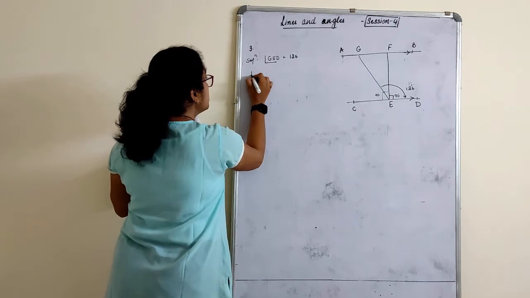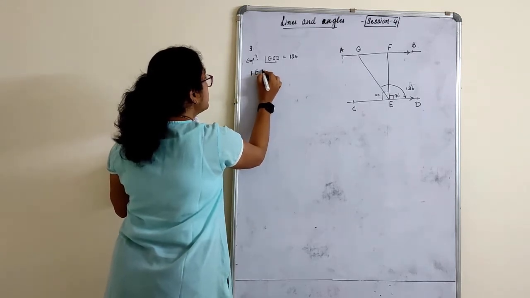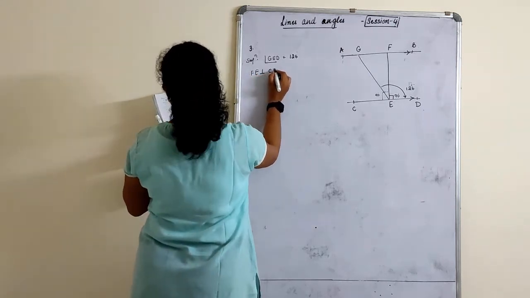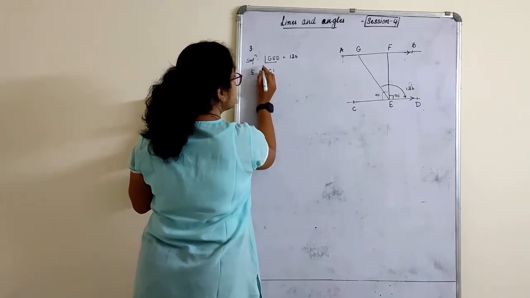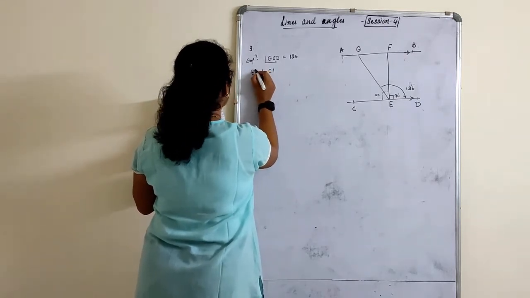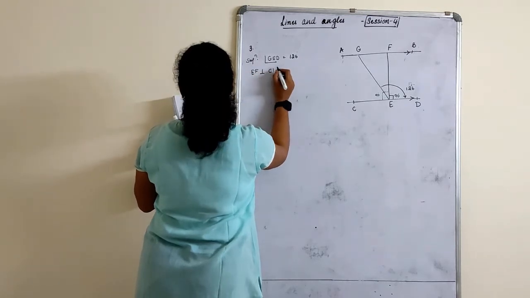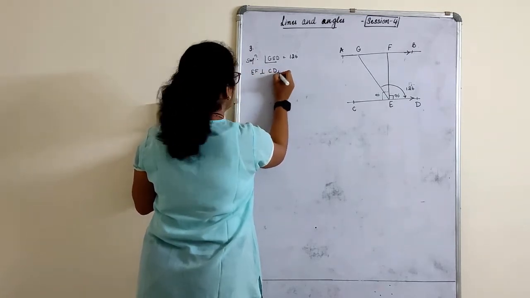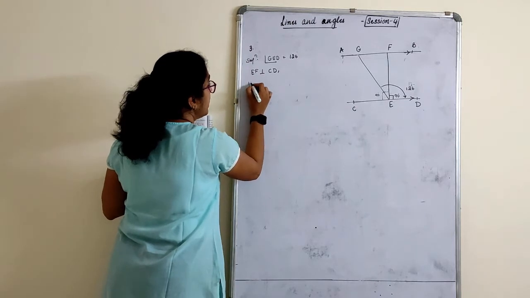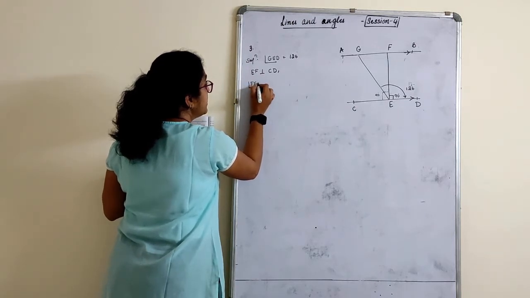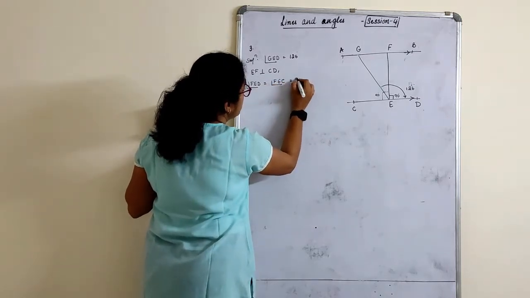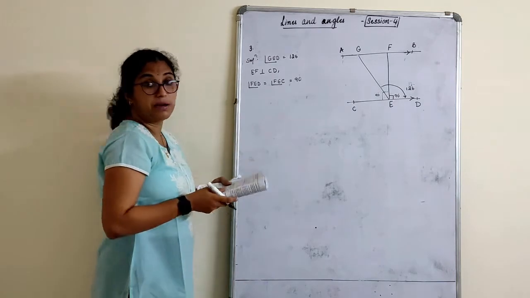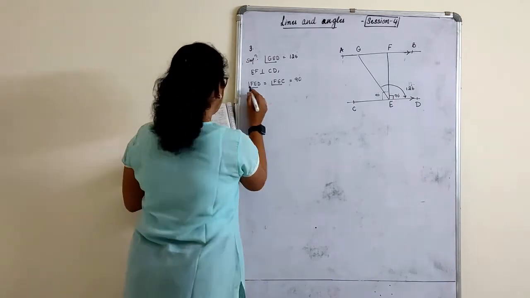Then, FE is perpendicular to CD. EF is perpendicular to CD, so that means angle FED is equal to angle FEC is equal to 90. Yes, marking-wise I have written. Now what do we have to find?